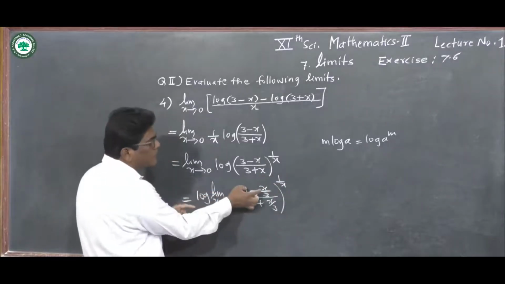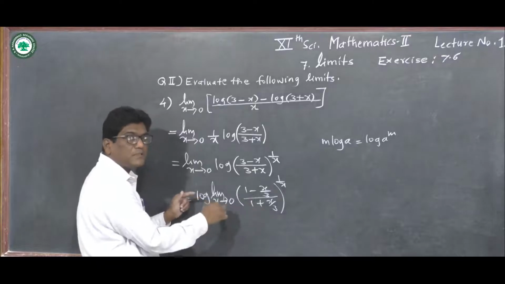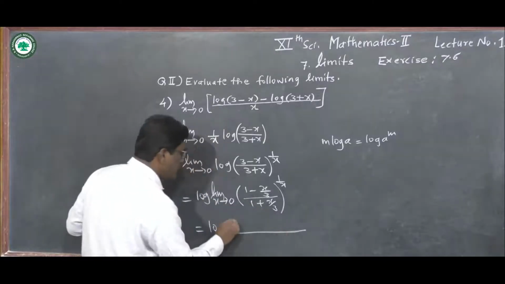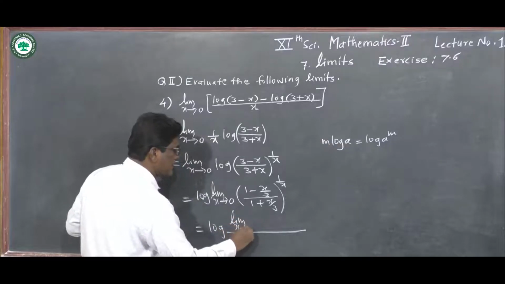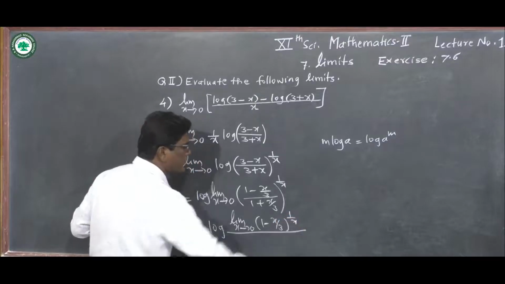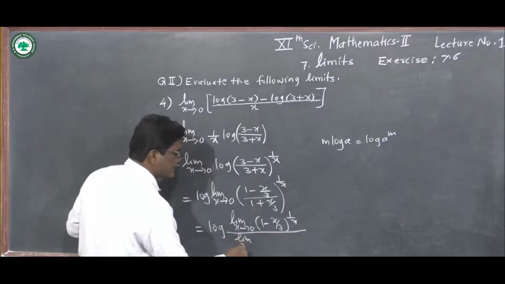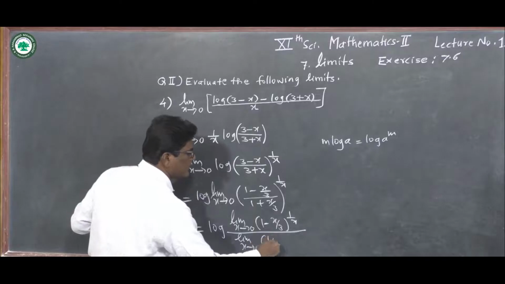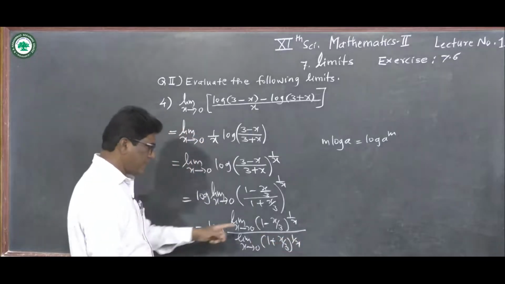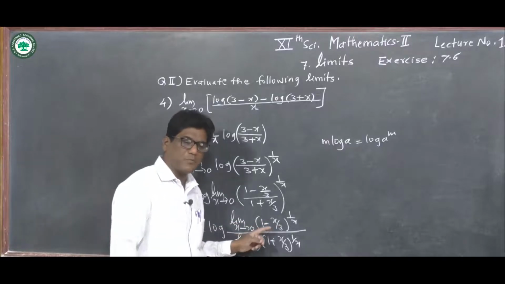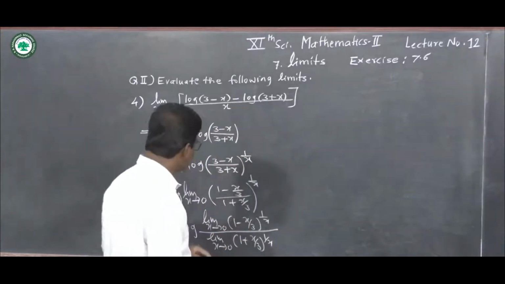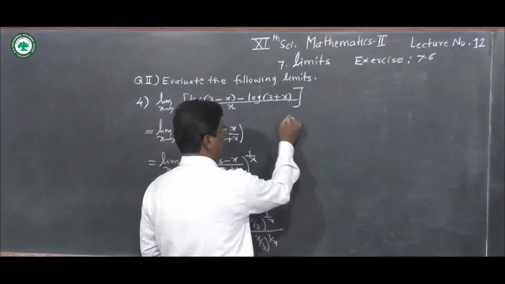Now we separate the power to the numerator and denominator, and also the limit. So this is equal to log of limit as x tends to 0, (1 minus x upon 3) to the power 1 upon x, and limit as x tends to 0, (1 plus x upon 3) to the power 1 upon x. Now adjust the reciprocal as we have seen in the previous example. So log as it is.